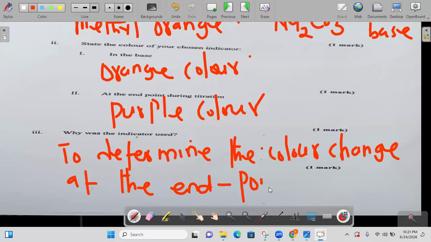Because if you don't use it, you don't notice whether the color changes. You just add acid to base, and both of them are colorless, right? You don't know whether the endpoint has been achieved or not. So the indicator is used to determine the color change at the endpoint.